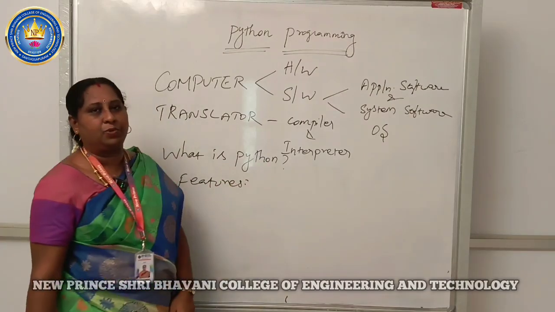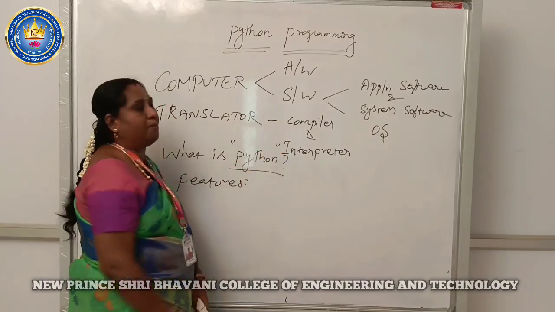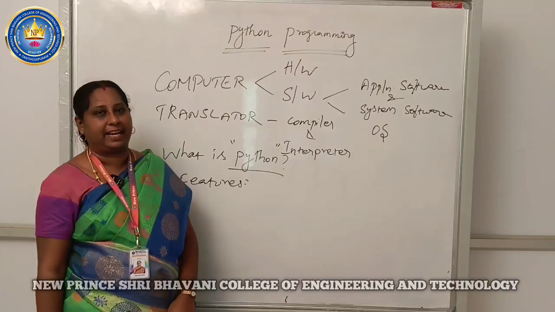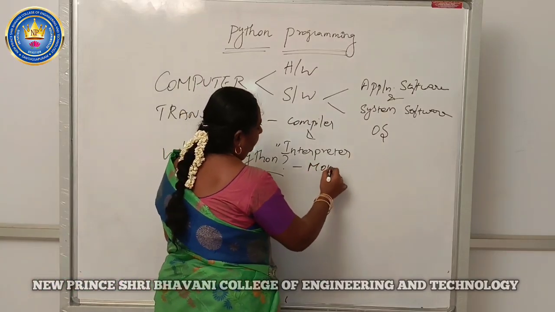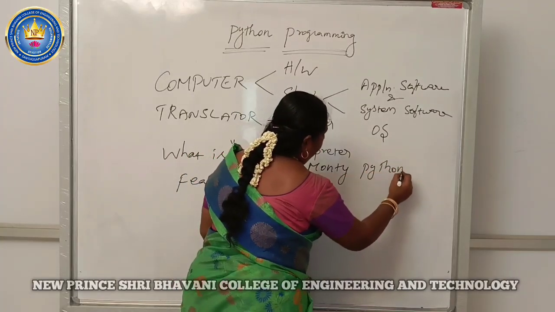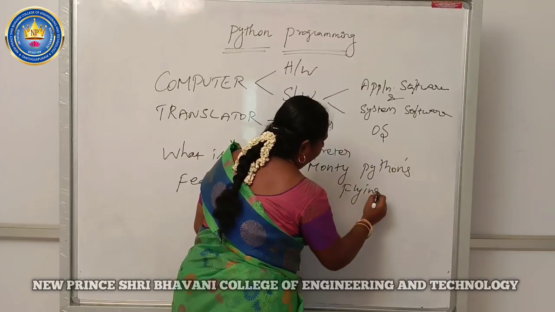There is an interesting story behind the name Python. There was a comedy series that was broadcasted by the BBC in the 1990s. That name is Monty Python's Flying Circus.